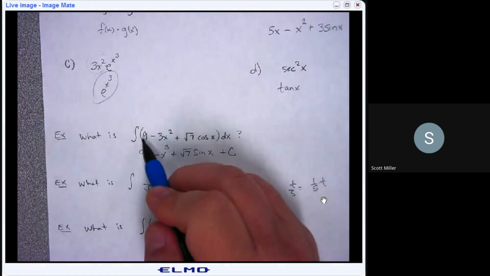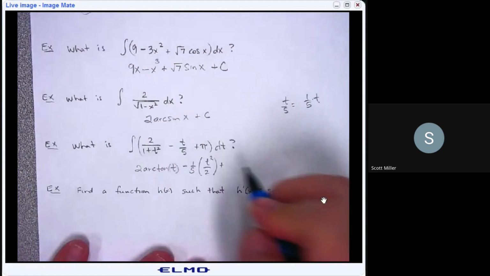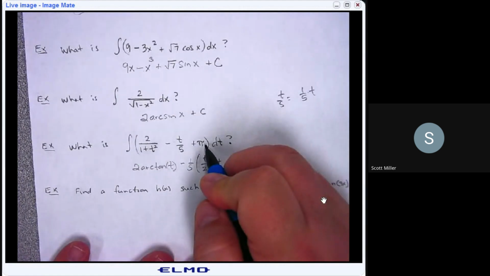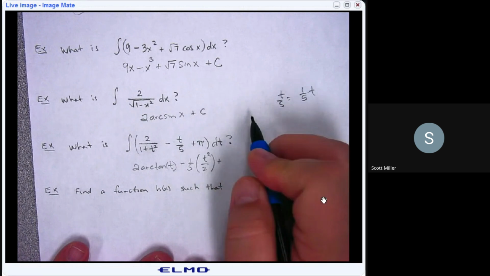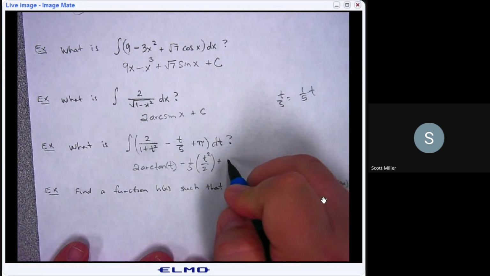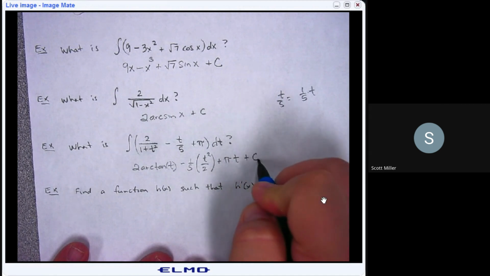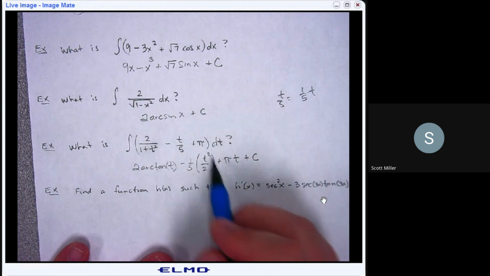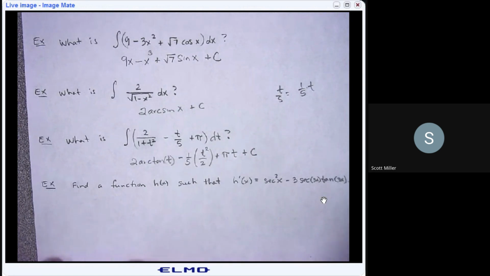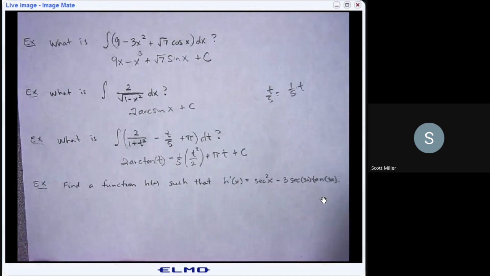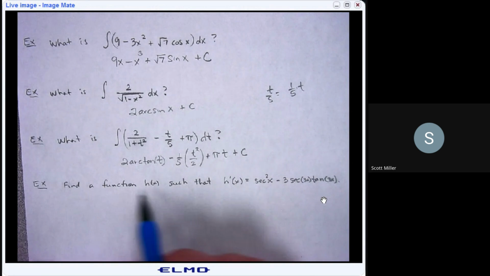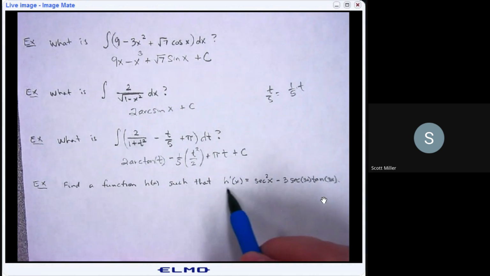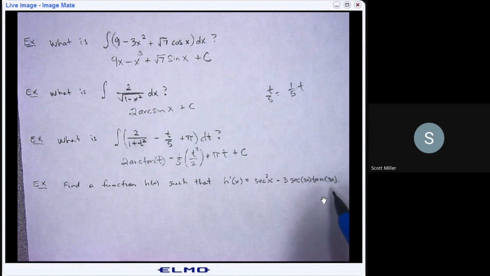So just like the 9, it's just going to get an extra letter. So it'd be like t to the 0. You raise the power by 1, it becomes t to the 1 divided by 1. So this is just going to be pi times t, plus a constant. And then you can clean this up to be t squared over 10.